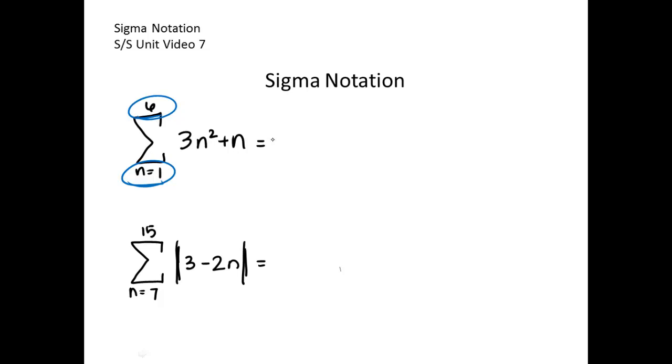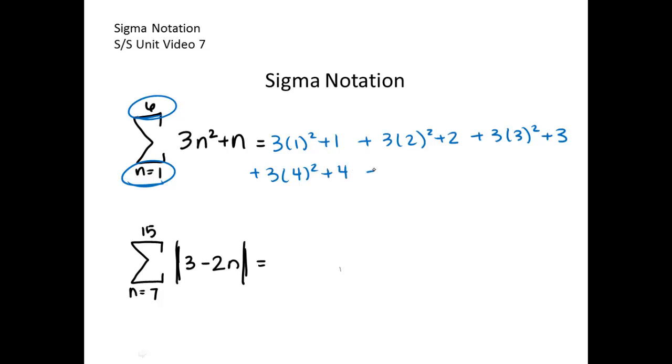And we will simplify this one because it's going to be all numeric. 3 times 1 squared plus 1 plus 3 times 2 squared plus 2 plus 3 times 3 squared plus 3 plus 3 times 4 squared plus 4 plus 3 times 5 squared plus 5 plus 3 times 6 squared plus 6. So I want you to go ahead and simplify that on your own, and maybe somebody can post the answer to that online so you guys can all share it, and we'll talk about it the next time we're together.